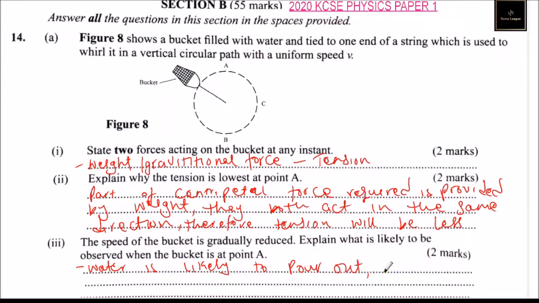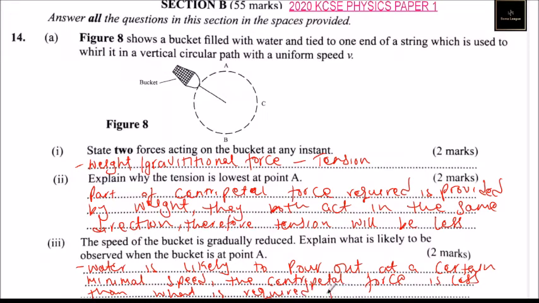at a certain minimum speed. At a certain minimum speed, the centripetal force is less than what is required to keep the motion.